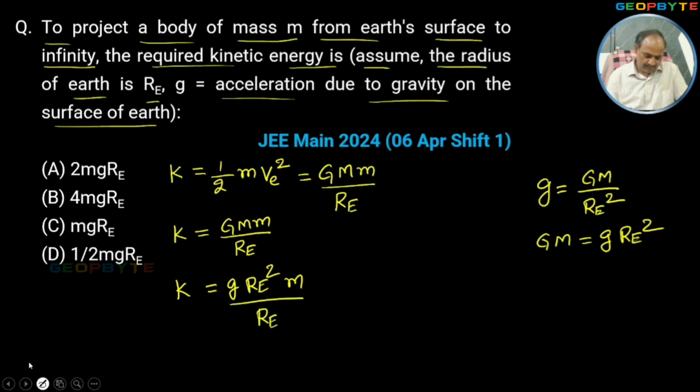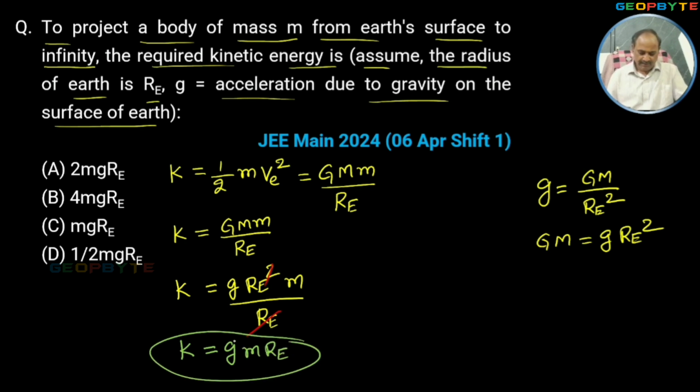You cancel the one RE. Finally, the kinetic energy to be maintained for the body to travel to infinite distance is g into m into RE. That is the answer. Look at option C. Option C is absolutely correct.